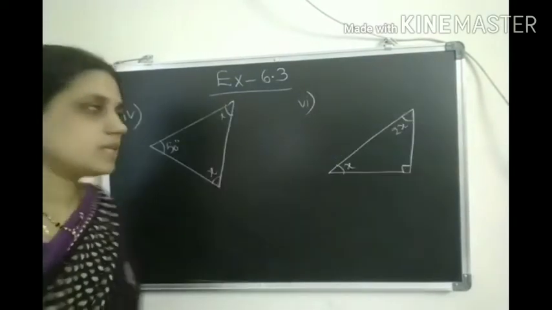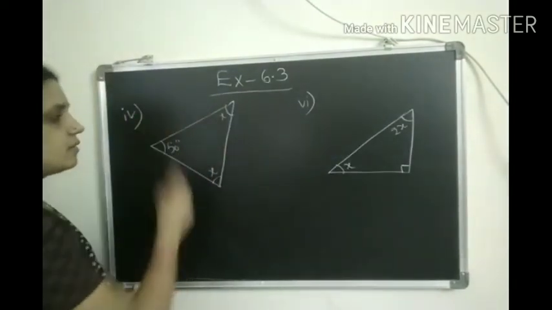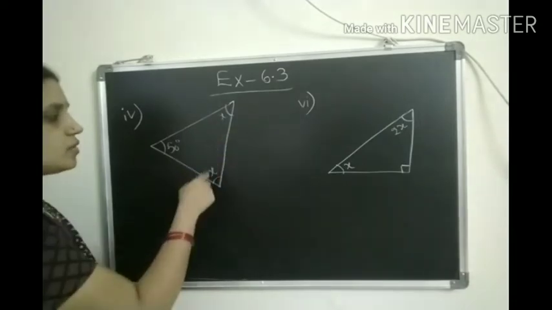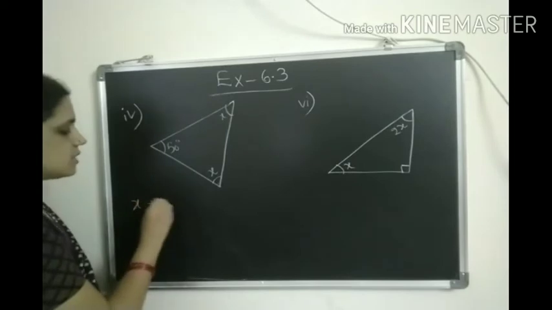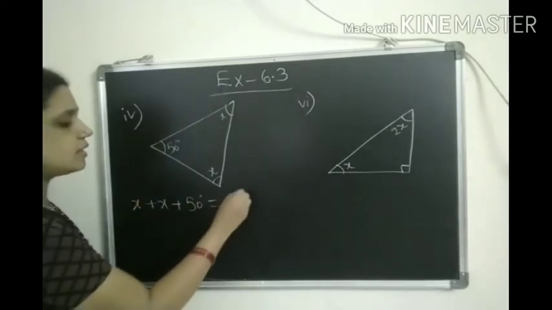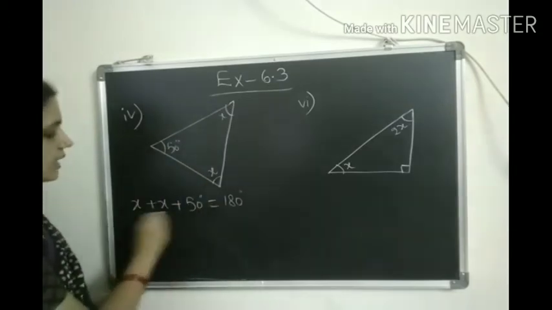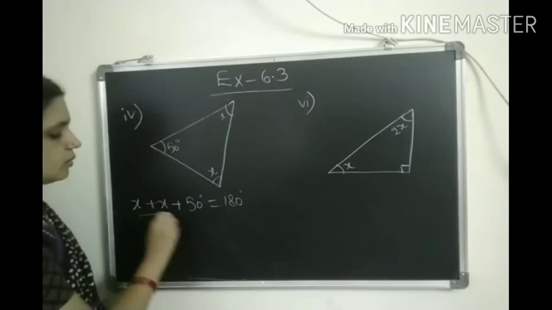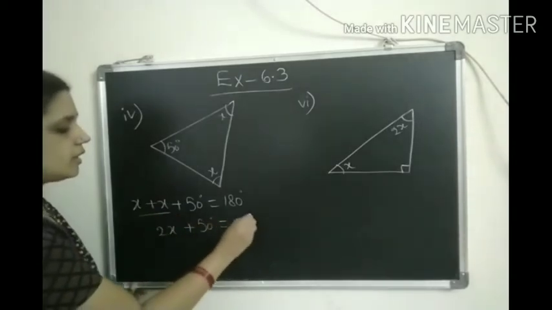Okay. The next sum, here one figure is given, 50 degrees and x. Okay, two angles are missing but those two angles are equal. So how can we write the equation? x plus x plus 50 equal to 180 degrees. Using angle sum property, the sum of three angles is 180. So x plus x we can add, 2x plus 50 equal to 180 degrees.